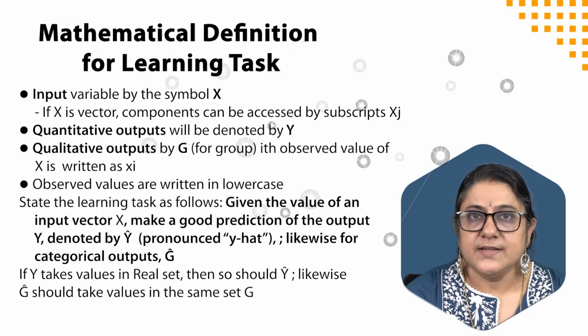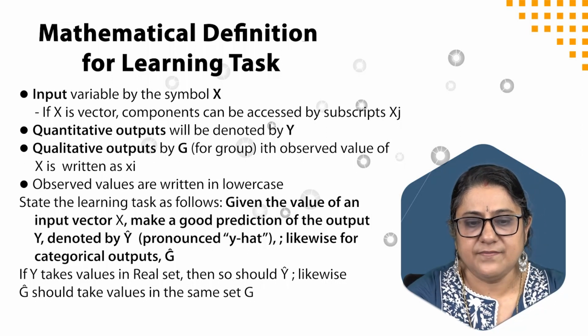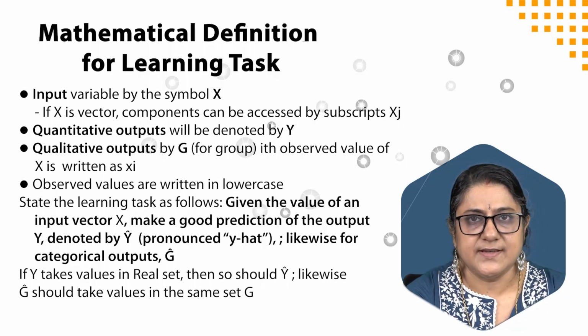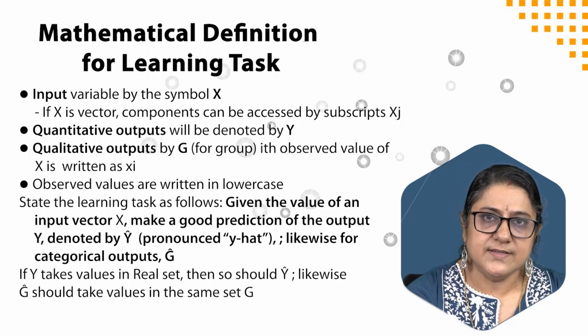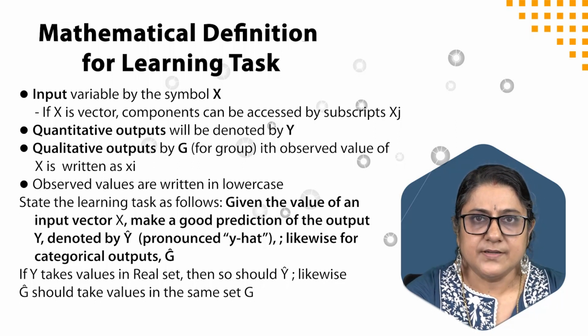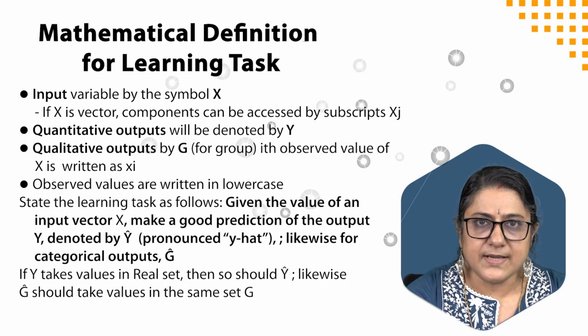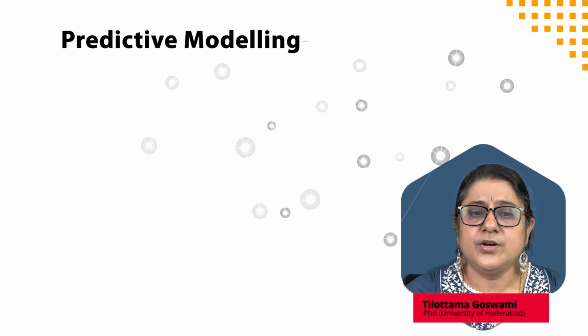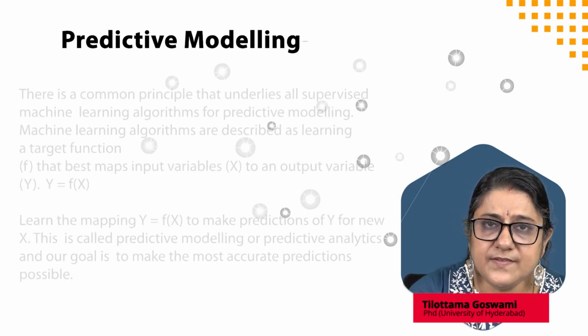If there is a gap, if there is some difference, that is considered an error, and then again the machine learns to adapt or to minimize this error. This is predictive modeling. What is this model?